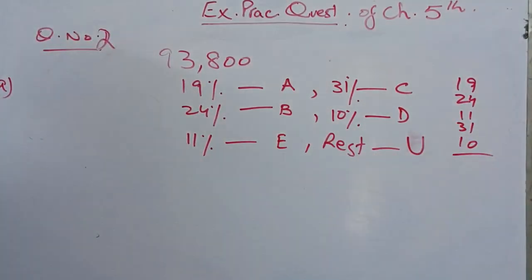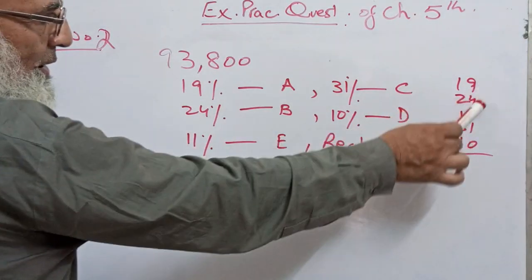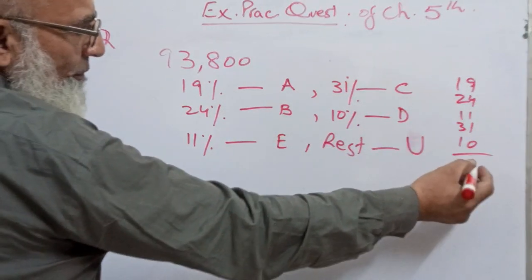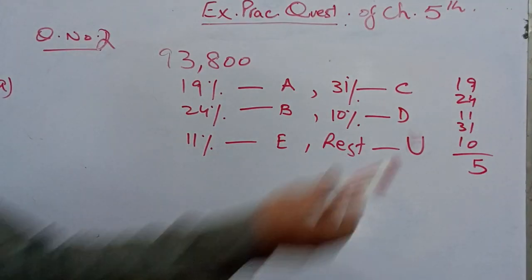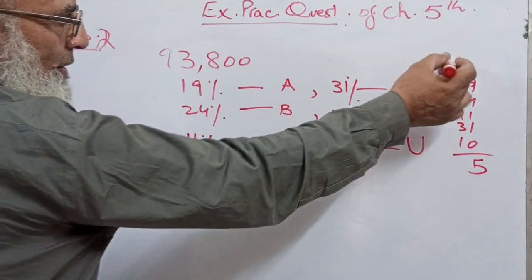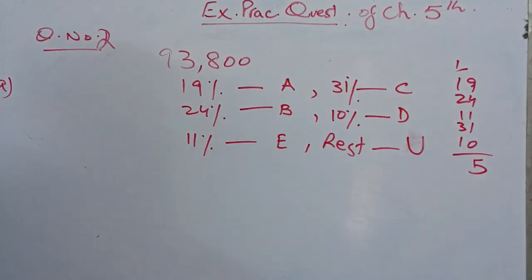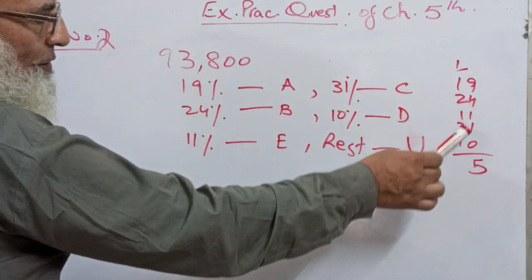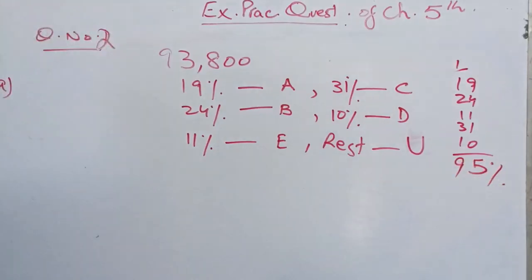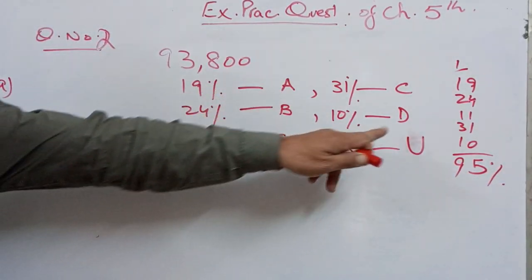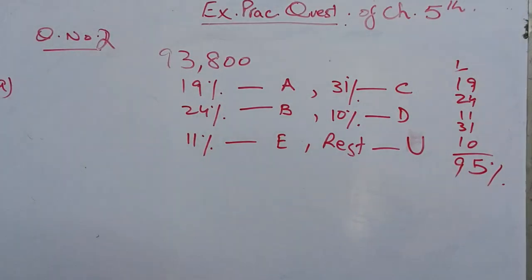Just add them. So it is 13, 14, and 15. 1 has been carried. 4, 5, 6, 7, 8, 9. Now this is 95%. Now from here to here, these are 95%.